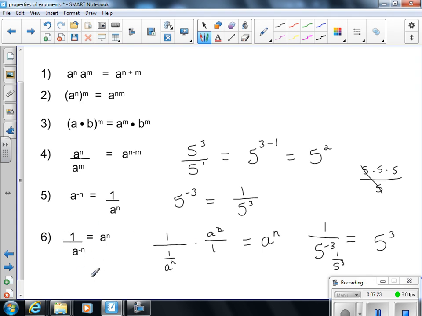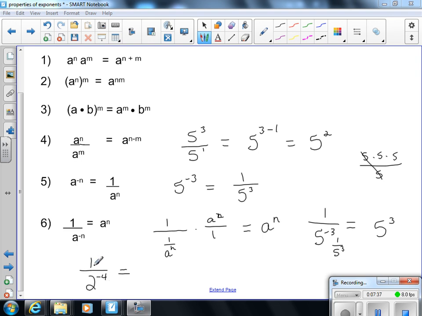So probably the one that's going to be maybe a little confusing to start with is this property number 6. I always say if I have a negative power in the denominator, it can never stay there. It has to go upstairs. Let's say we have 1 divided by 2 to the negative fourth power. Well, 2 to the negative fourth power is 1 over 2 to the fourth power.